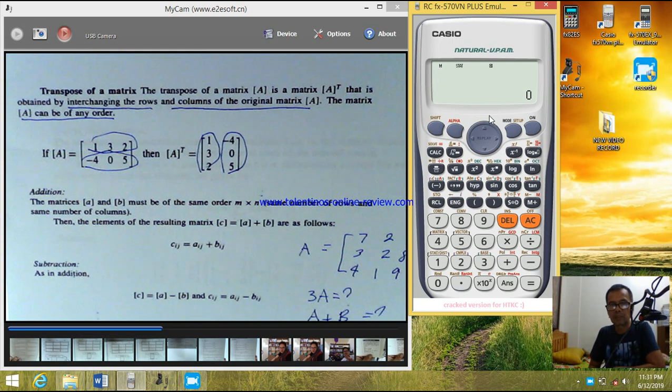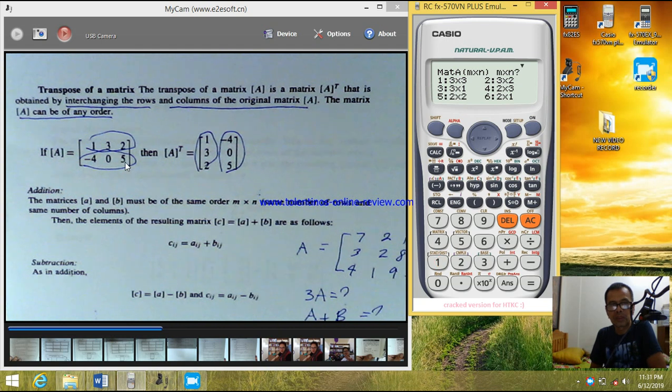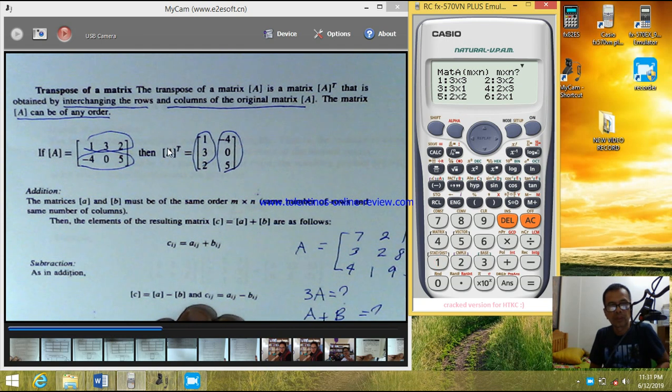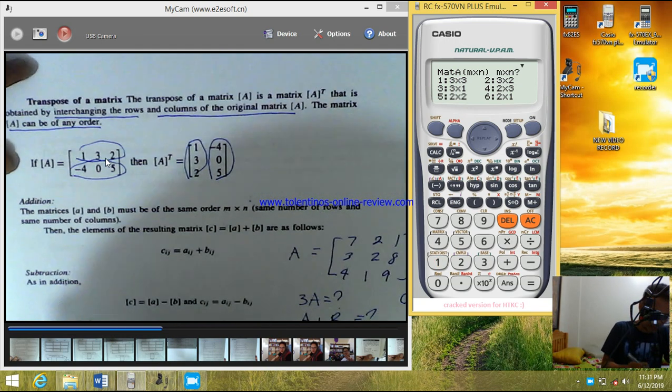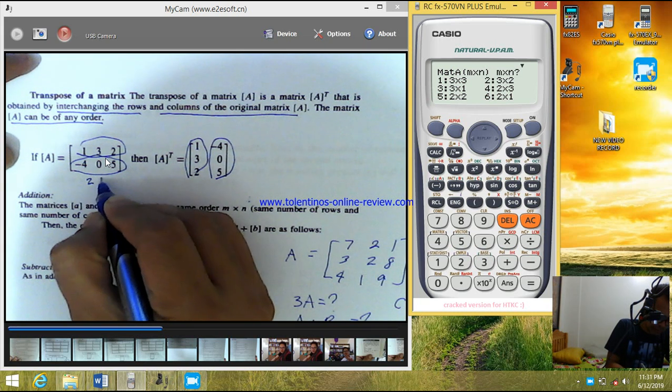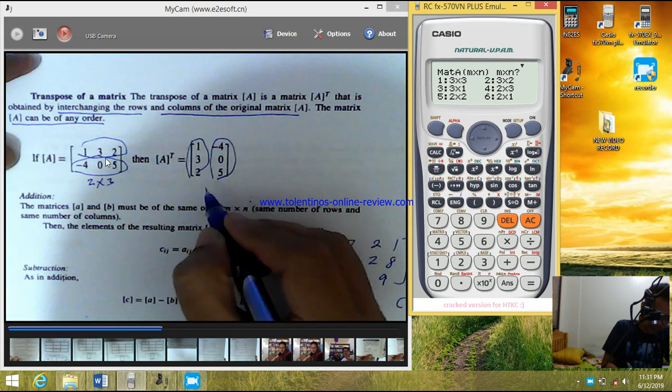Now, gamit tayo ng calculator, ha. Mag-aral tayong gumamit ng calculator. Punta ka sa mode 6 kung meron kang ES and then 1. Alright. This is how many rows and columns? What's the order of these? 2 rows by 3 columns.